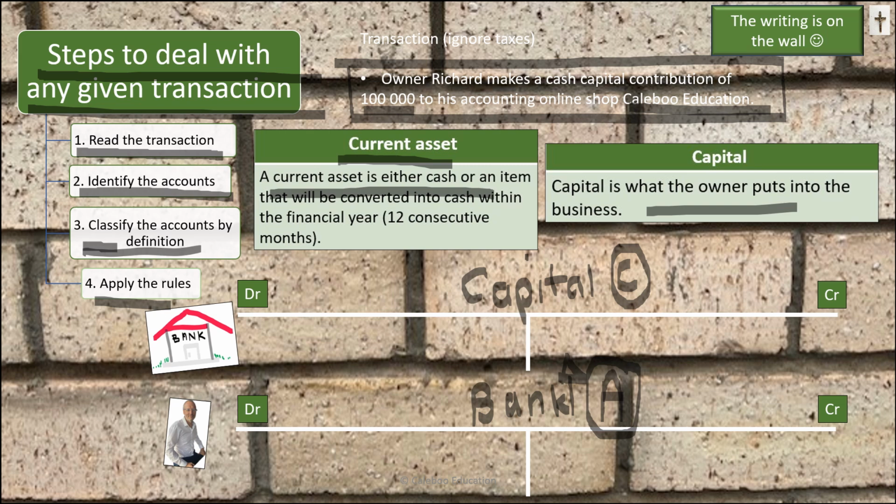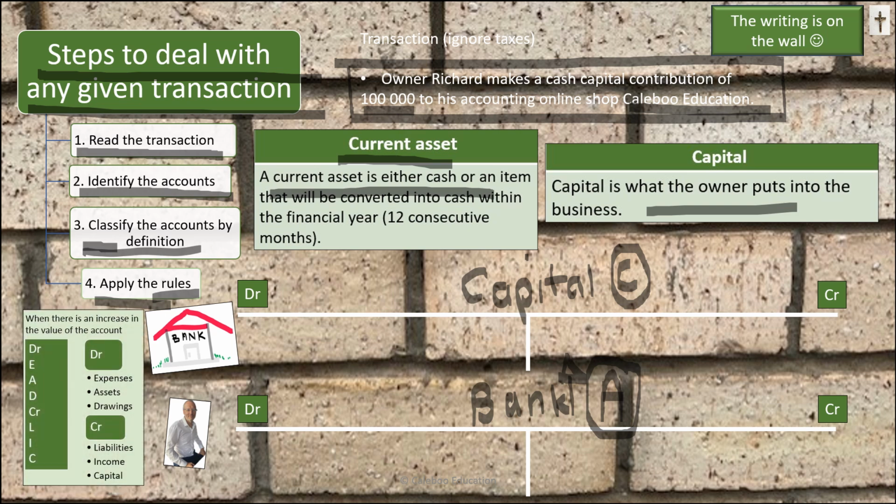Now what we need to do is apply the rules. For now, I'm going to use the acronym in this example, DEADCLIC. We have an asset and we have capital. According to the DEADCLIC acronym, when there's an increase in the value of assets, the account is debited.